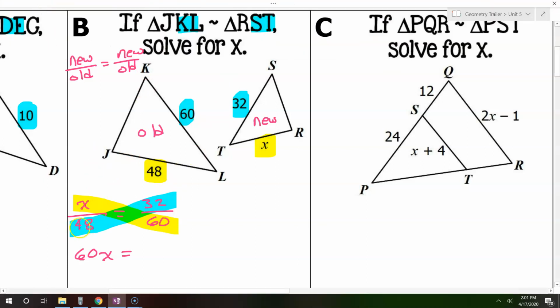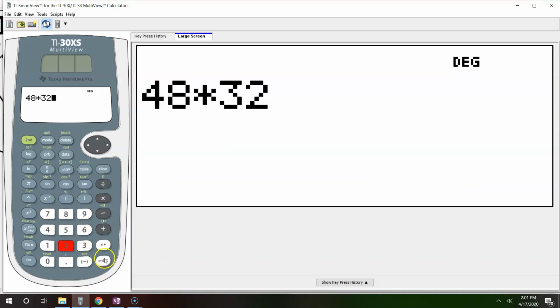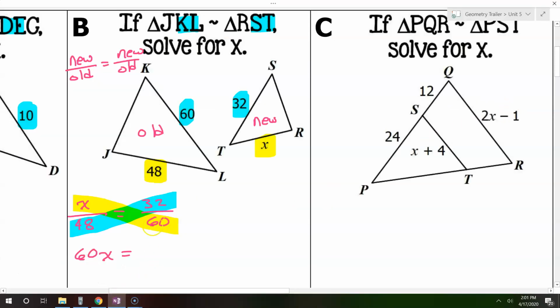So let's find out what 48 times 32 is. 1,536. And our last step will be to divide both sides by 60.